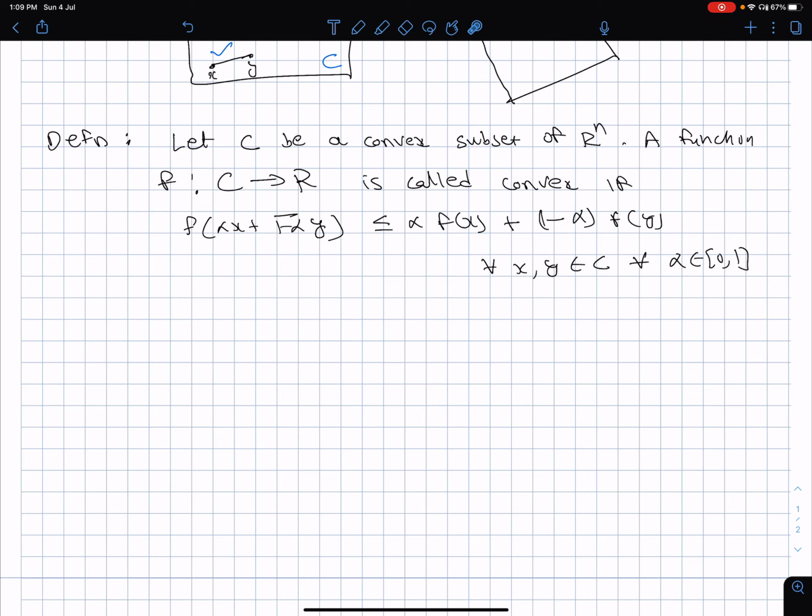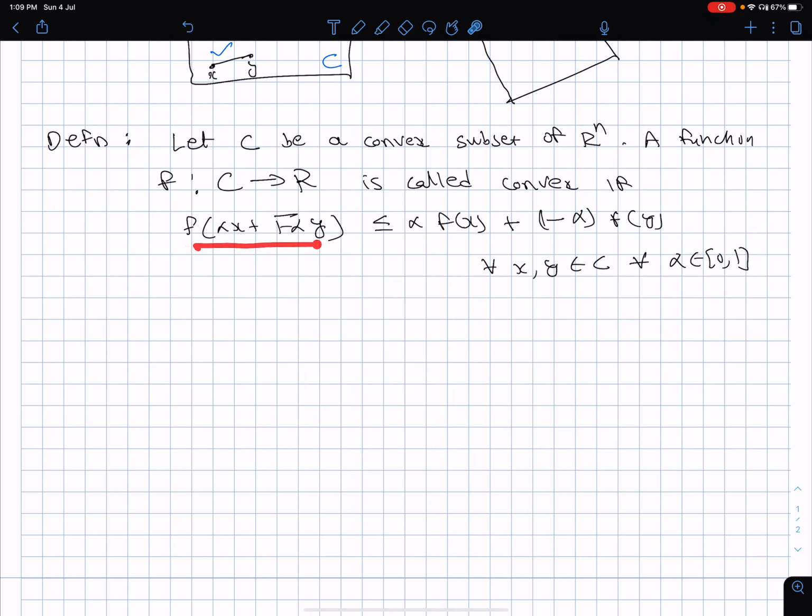So what we are now saying here is x and y coming from C, and I look at the convex combination, and because the set is convex, this complete convex combination is embedded in the set C. The function f is defined from C to R, so the function can be evaluated here. C is a convex set, x and y are points in the convex set, so the whole line segment is also in the convex set, and hence this function can be evaluated.